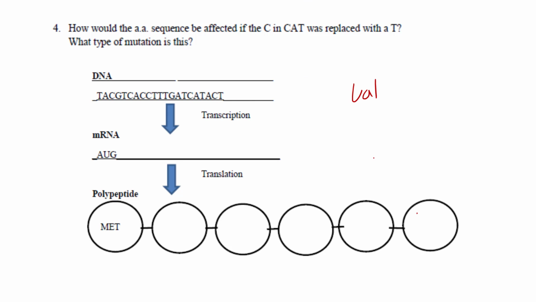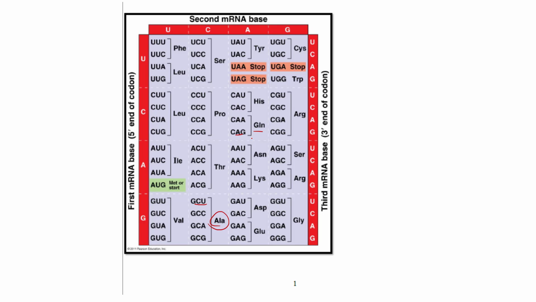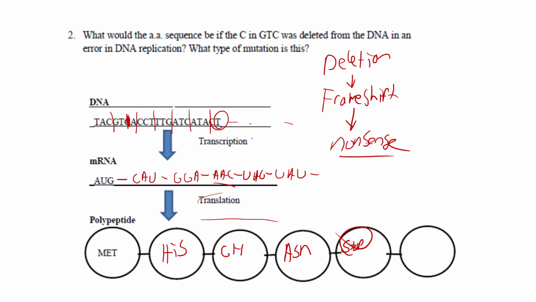So what would happen if the DNA instead was TAT instead of CAT? Well, the messenger RNA would be AUA, right? And let's look up AUA.